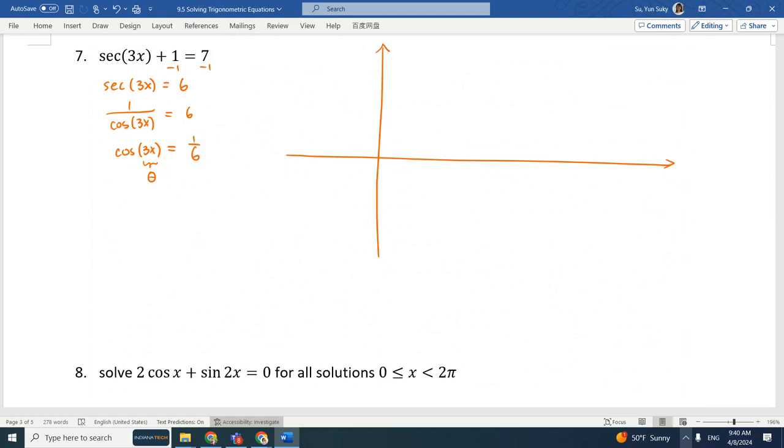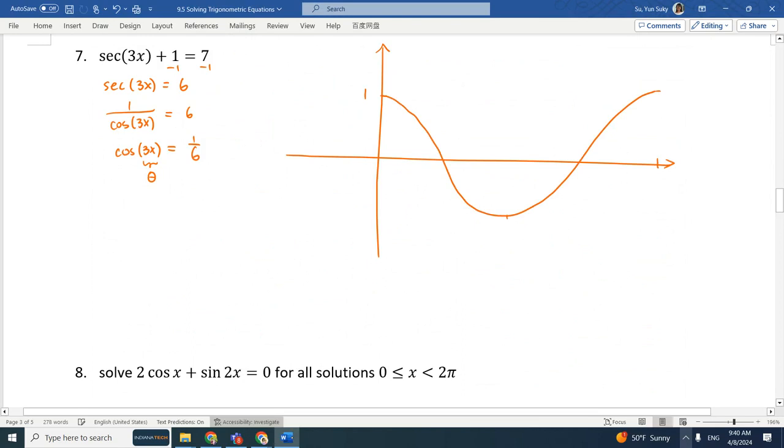Waves start with 1, and this is pi, 2 pi, pi over 2, 3 pi over 2, and negative 1. Okay? So you use the graph a lot when you get used to it. Okay, so now let's see. Think about this as cosine theta.